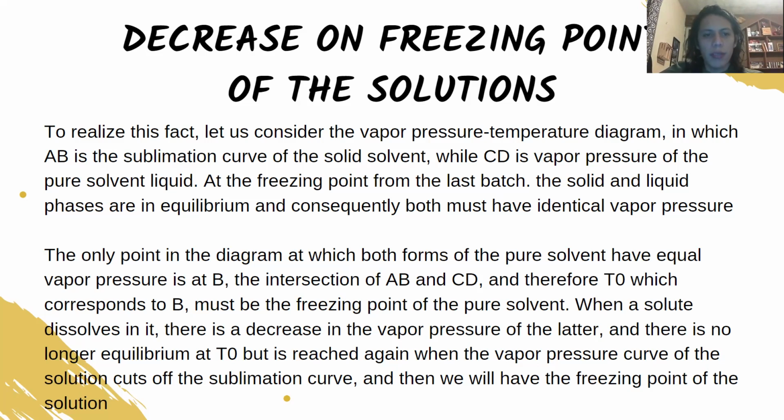When a solute dissolves in it, there is a decrease in the vapor pressure, and there is no longer equilibrium at T0, but it is reached again where the vapor pressure curve of the solution cuts the sublimation curve. And then we have the freezing point of the solution.